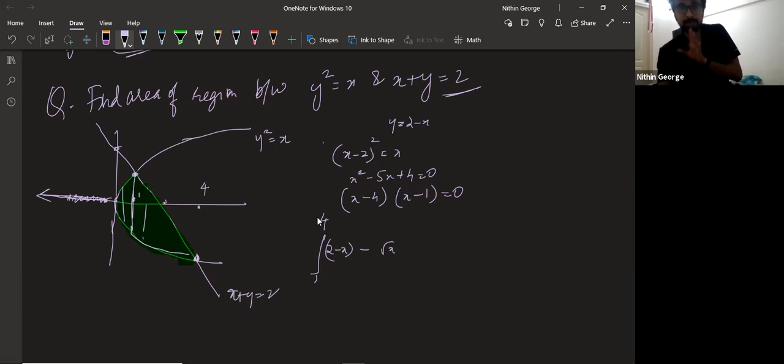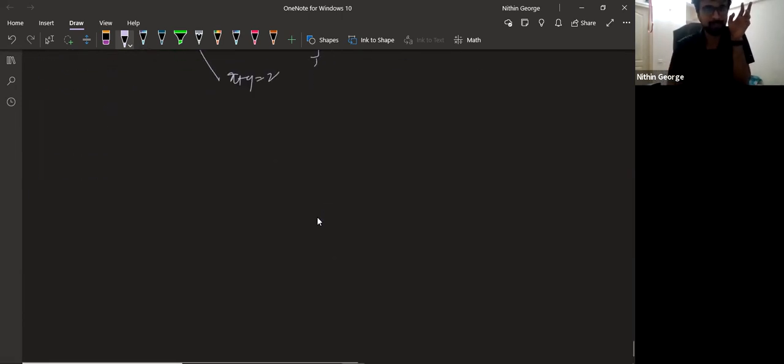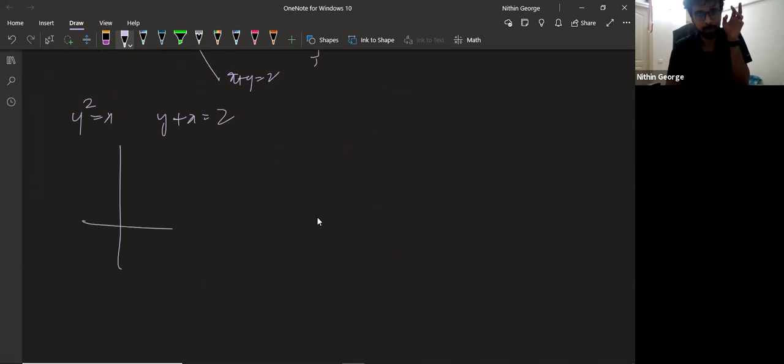So you have to understand there are multiple functions here. Okay, I'll draw the figure again. Y square equal to x and x plus y equal to 2, right? So y square equal to x. I want you to understand, is y square equal to x a function? Is it a function? No, right?